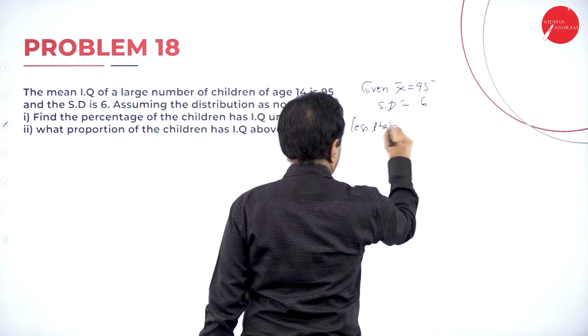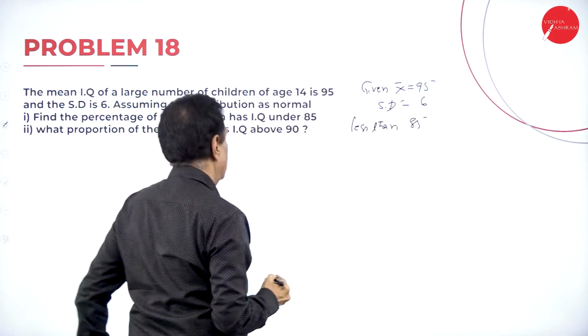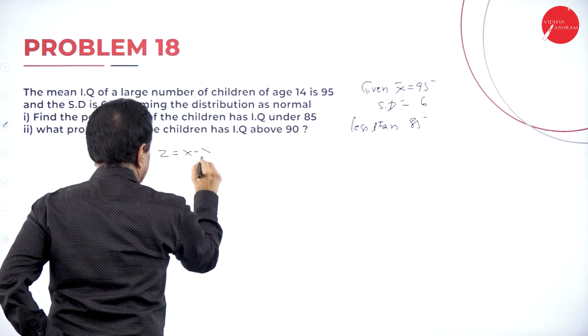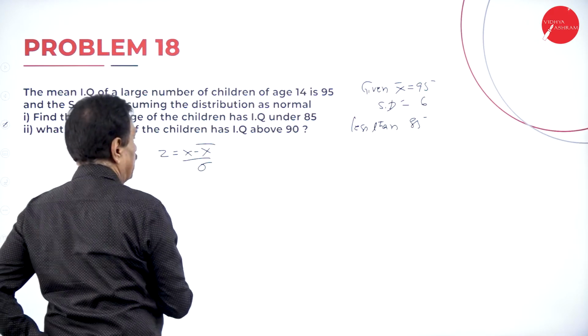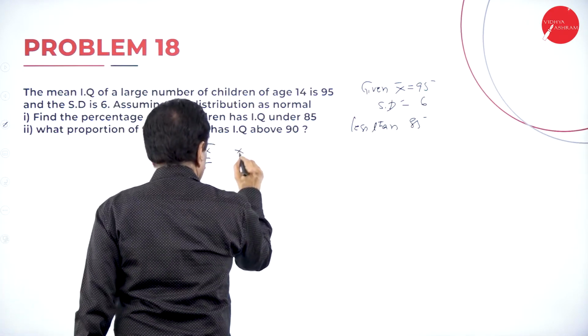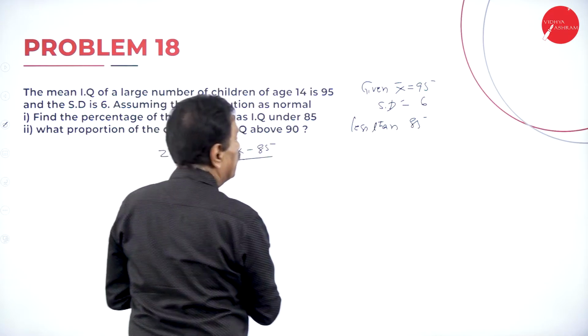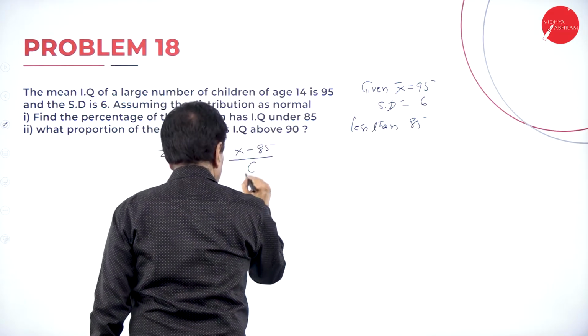Under means less than 85. What's the standard formula? Z is equal to x minus mean divided by standard deviation.